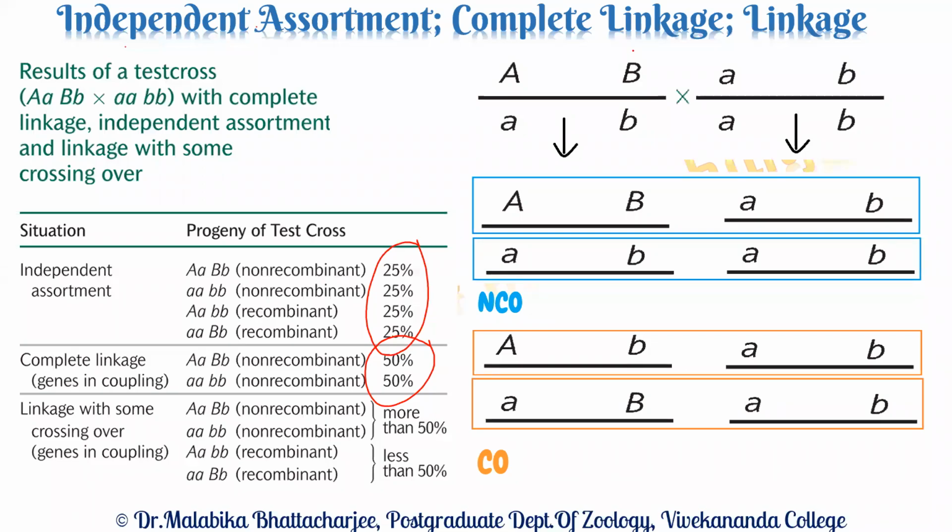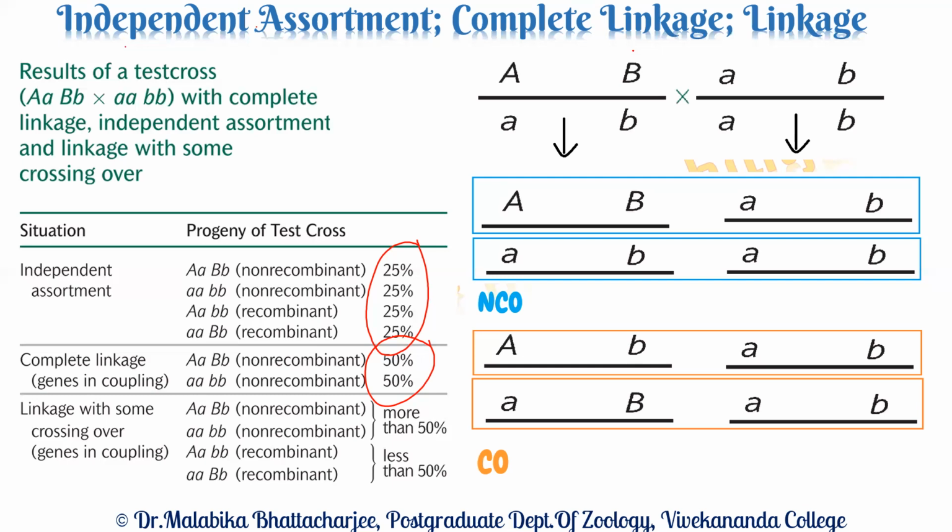So, just to summarize once more this slide: in the results of a test cross considering two genes present on a chromosome, if we get four categories of gametes in the ratio 1:1:1:1, we have to assume that the two genes are independently assorted.